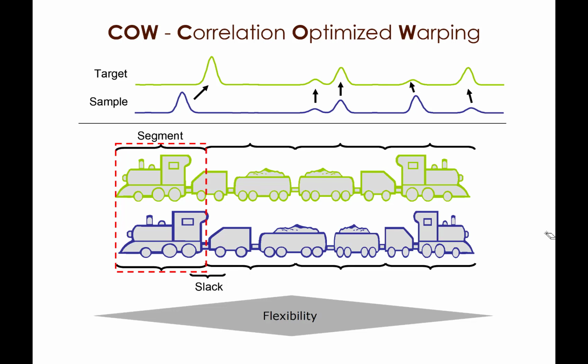But the idea anyway is that we look at the signal in different segments, like this, and we try to stretch the time points. We basically interpolate the time vector in such a way that the data better aligns.